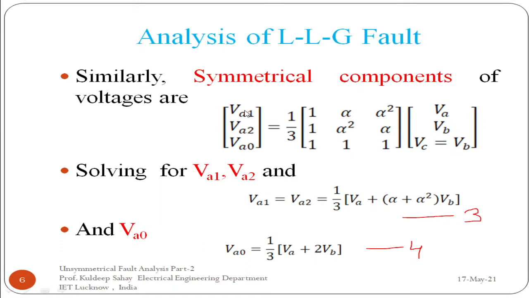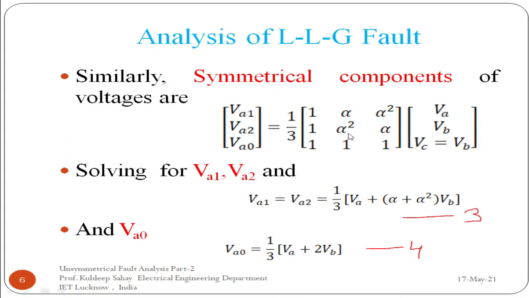Solving for the positive and negative sequence voltage, since VB equal to VC, you get 1/3 VA multiplied by 1 plus alpha plus alpha square, and since this factor is common, VB will be alpha plus alpha square into VB.